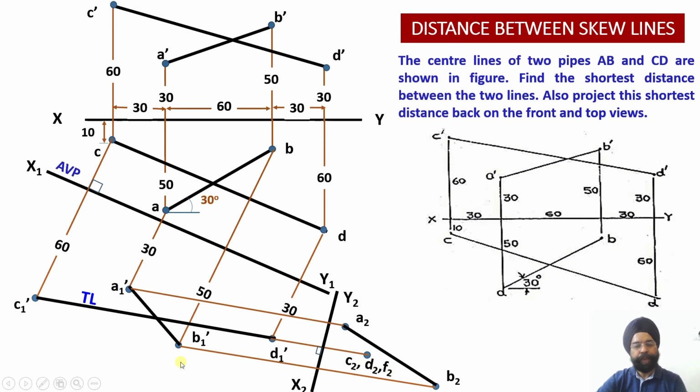Why F2? Because there will be one point which will be F1 dash, lying on this particular line, C1 dash D1 dash.